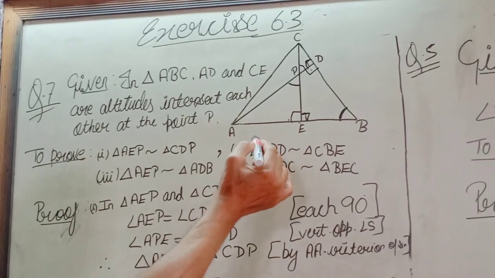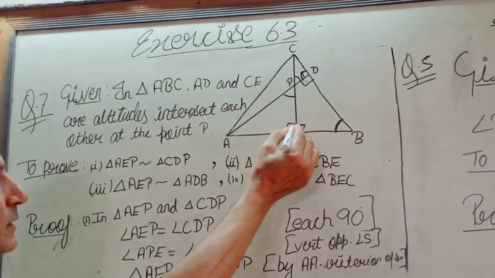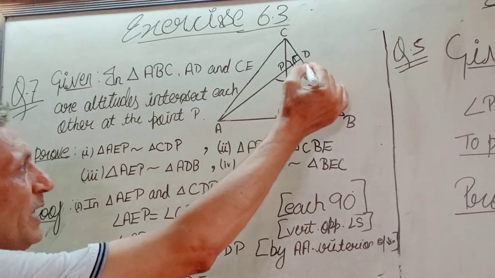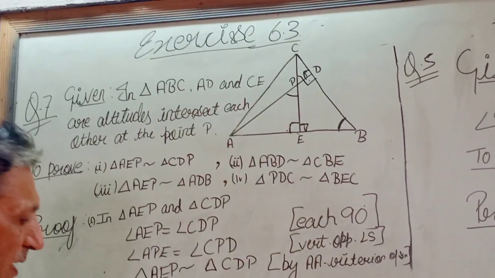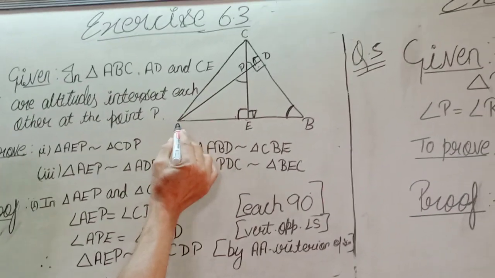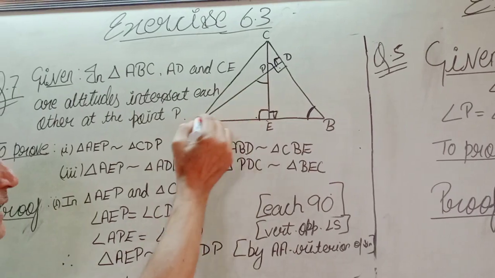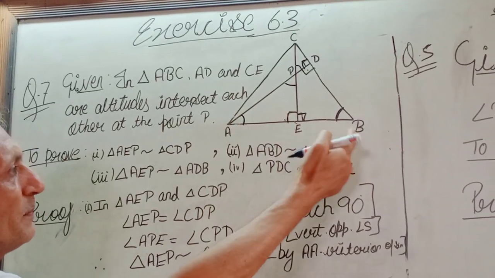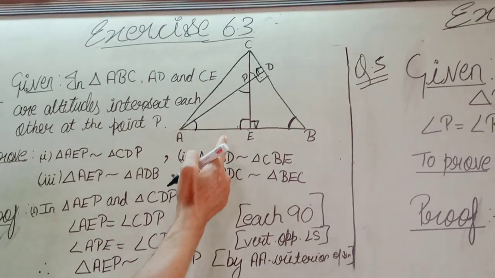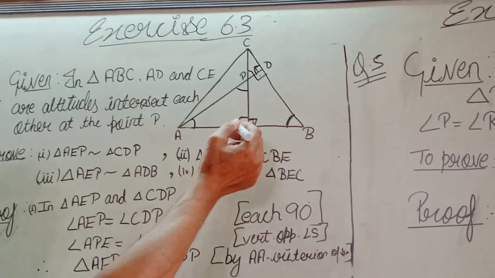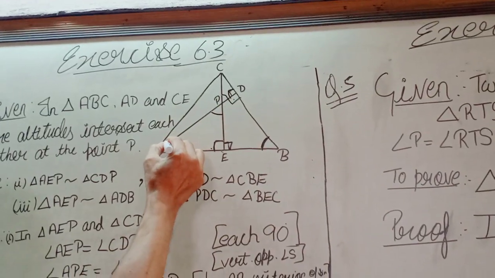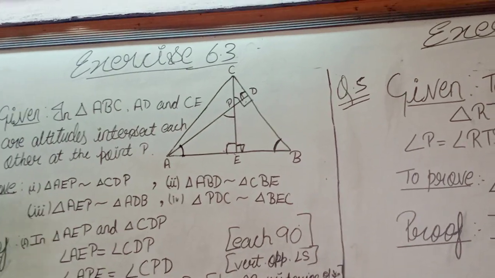Again we have angle AEP as well as ADB, each 90, they are equal, and again angle BAD and PAE is common in both the triangles.